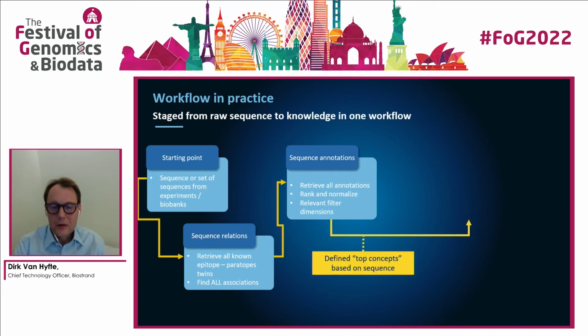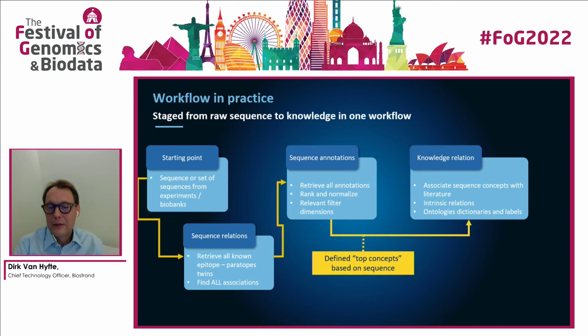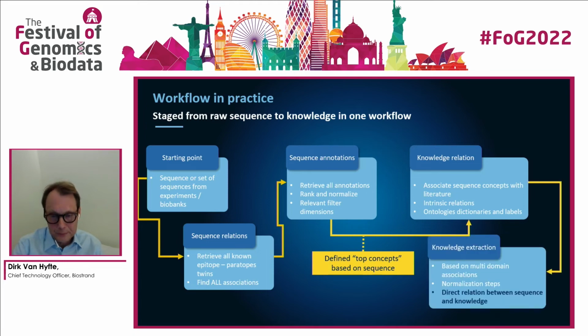And that is the starting point to feed in our NLP pipeline to identify these top concepts or the interactions between these top concepts in literature. So then we really go to knowledge extraction, trying to identify the specific relations that are described or used in the literature to describe these interactions between, again, epitope and paratope as an example.